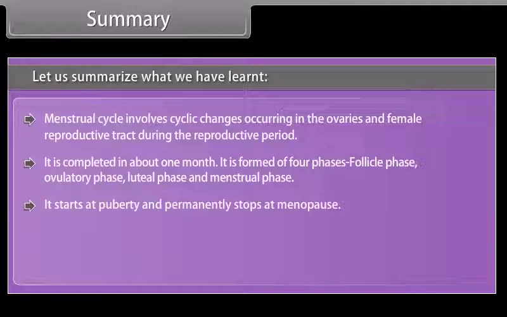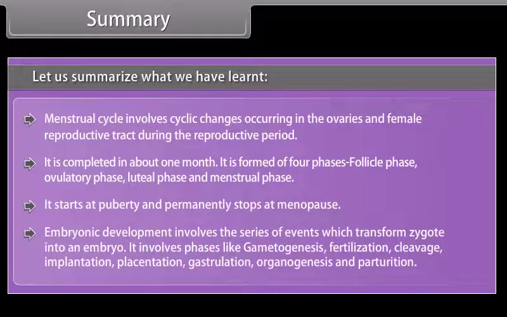It starts at puberty and permanently stops at menopause. Embryonic development involves the series of events which transform the zygote into an embryo. It involves phases like gametogenesis, fertilization, cleavage, implantation, placentation, gastrulation, organogenesis, and parturition.